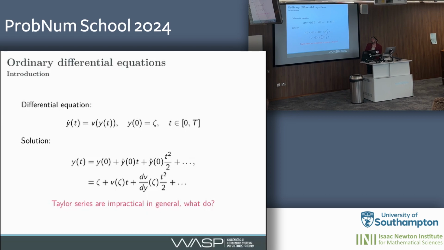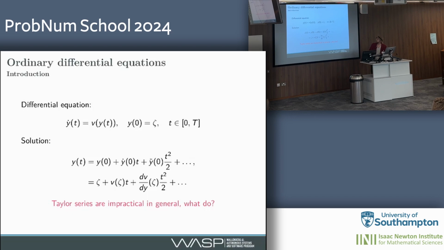And again, it's not uniquely solvable unless we impose some constraints. Typically, we pose initial values, so we say y naught equals zeta. And we might also be proper and say that we consider the equation on the interval 0 to big T.